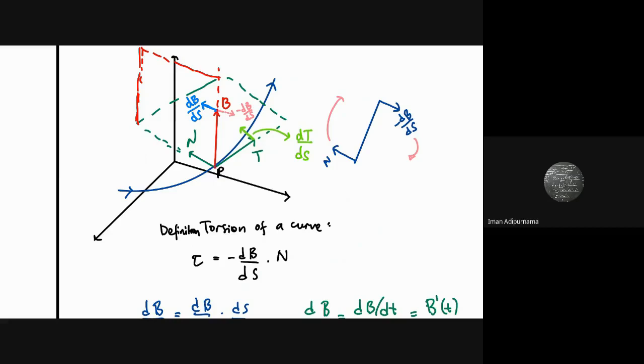If the torsion is positive, then the curve twists out of the osculating plane. This is the osculating plane, right?